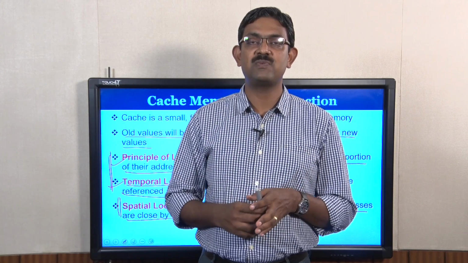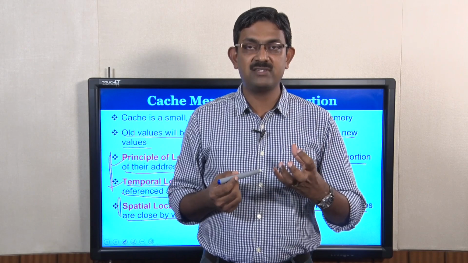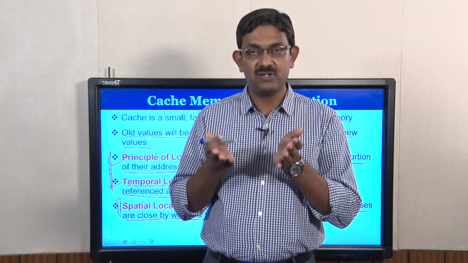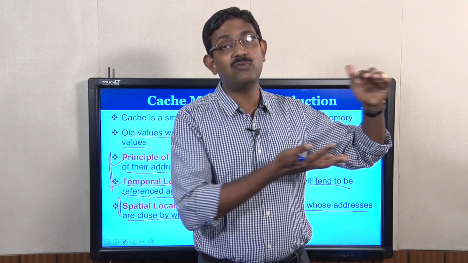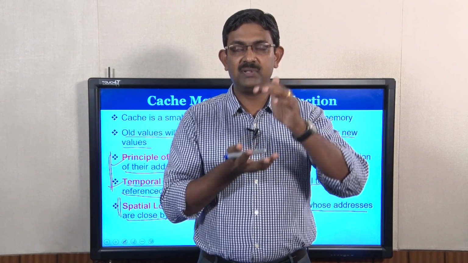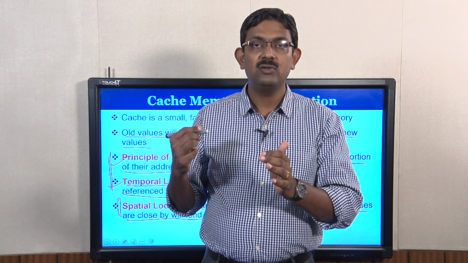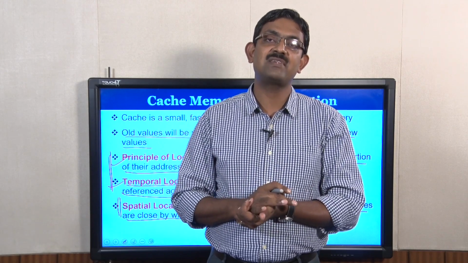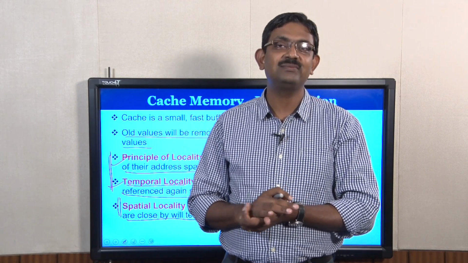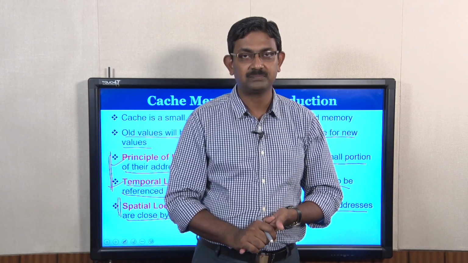So, in the concept of cache memory, when the CPU requests an address, I look in my cache. If it is there, I supply it. If it is not there, I go to the next level of memory, bring a chunk of data and keep it in cache, such that any request to the same address or nearby address in the future can be supplied from cache, a faster storage. That is the whole idea of the principle of locality of reference.